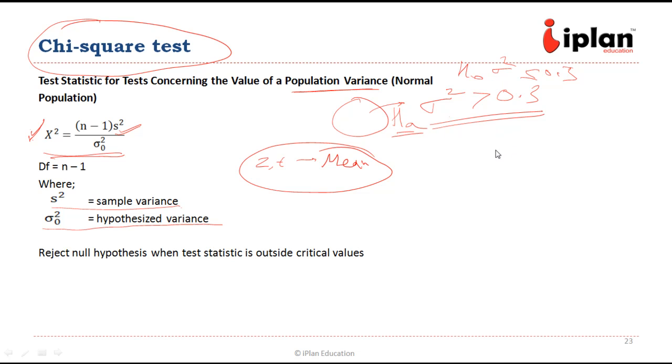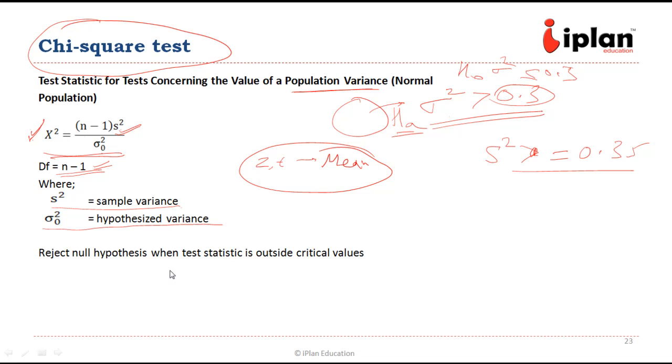Suppose in this case we have collected a sample which has a standard deviation of, say, 0.35. We can put these values here, sigma naught square from this, which is 0.3. Degree of freedom is n minus 1, where n is the sample size. We can calculate the value of chi-square.